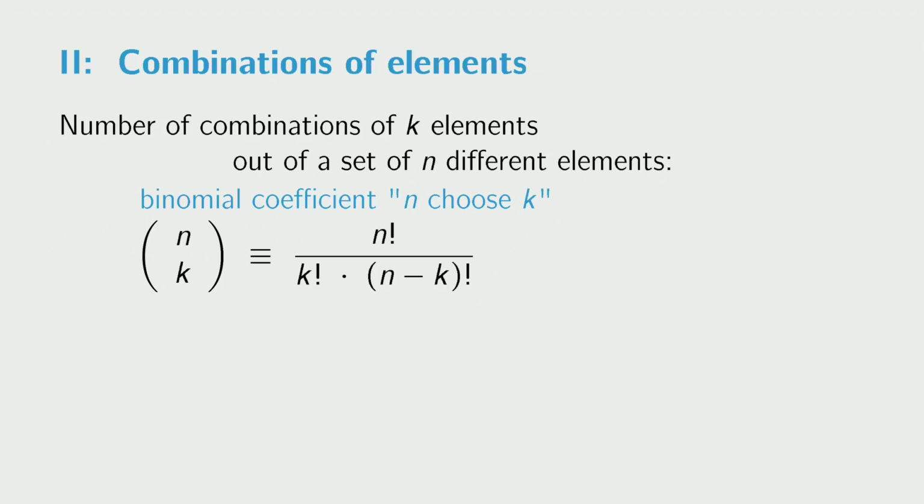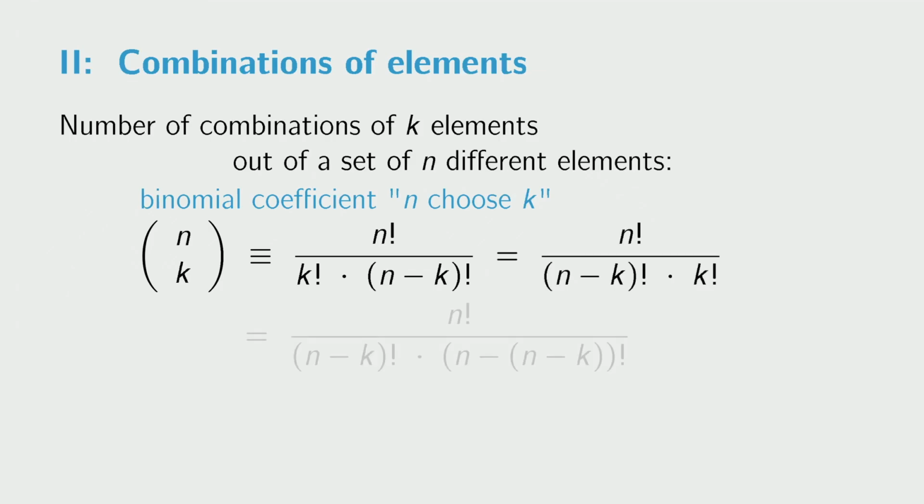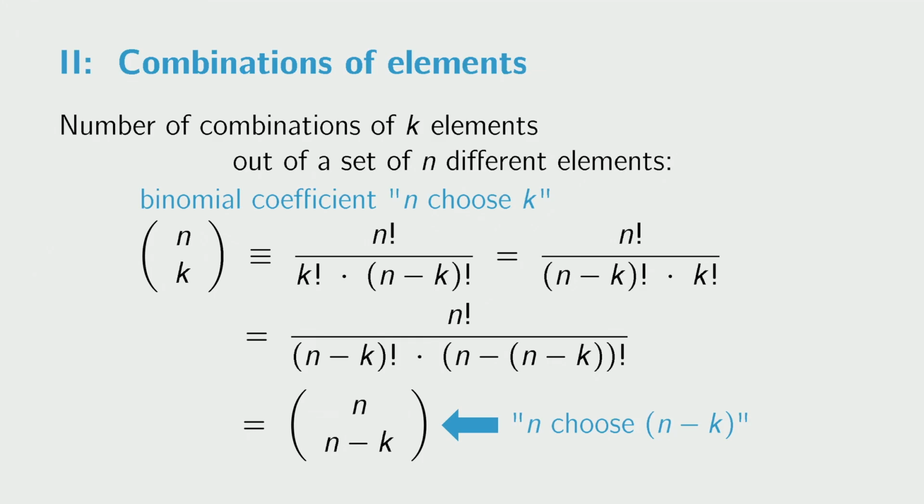Most often, ratios of integers have non-integer values. However, a binomial coefficient is integer. Maybe you want to prove that yourself. Something else: if we reverse the order in the denominator and write k as n minus k, we see that n choose k is equal to n choose n minus k.